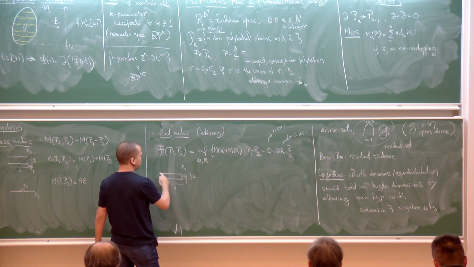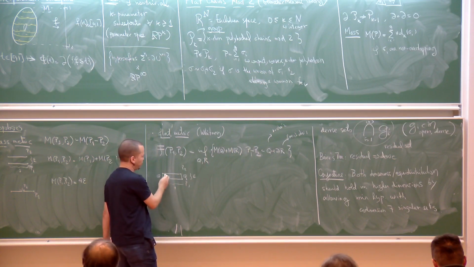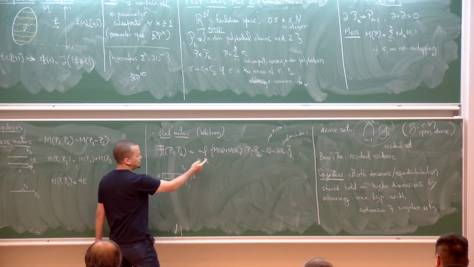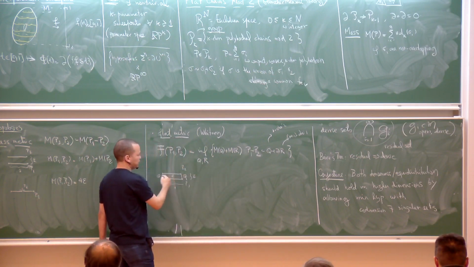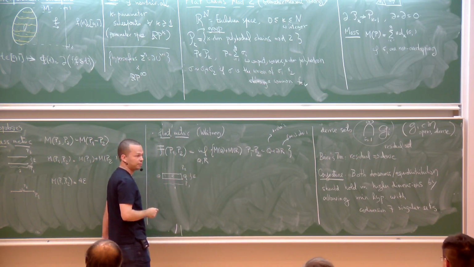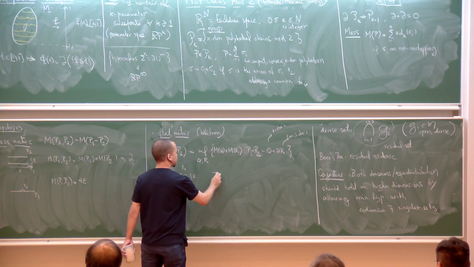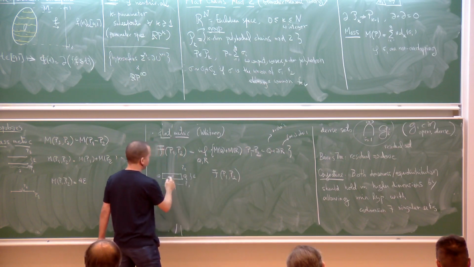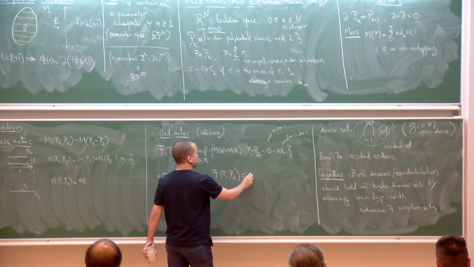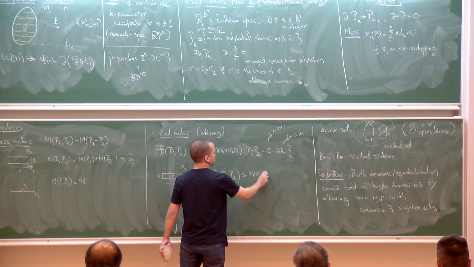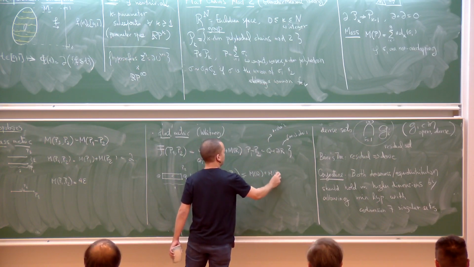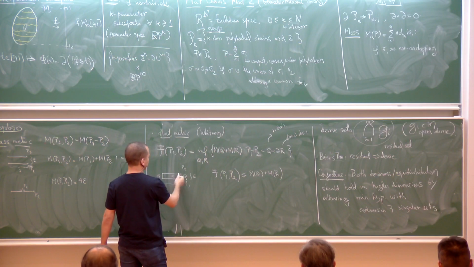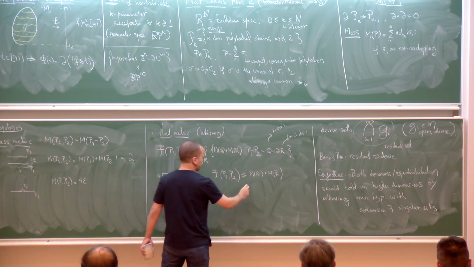And by adding Q, the whole thing is the boundary of the rectangle, which I call R. So I'm writing P1 minus P2 as Q plus the boundary of R. So in that case, the flat distance will be less than or equal to the mass of Q plus the mass of R. Well, the mass of Q is 2 epsilon, and the area of R is epsilon, so this is 3 epsilon.